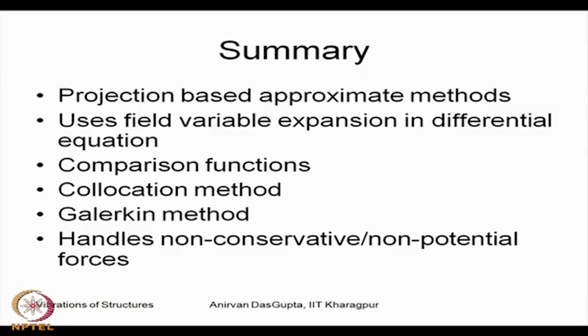So, we use a weaker condition, we project this residue onto certain functions, and the choice of these functions decide the method. So, when we use the Dirac delta function, we have the collocation method, while if you choose the comparison functions used in the expansion of the field variable themselves as the projection functions, then you have the Galerkin method, and these projection methods can handle non-conservative and non-potential forces. So, with this we conclude this lecture.